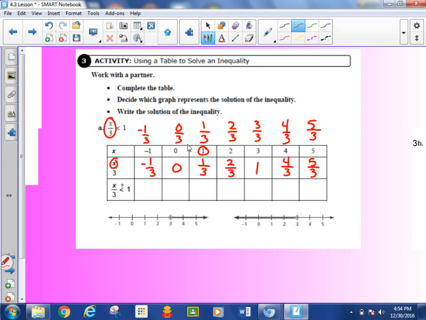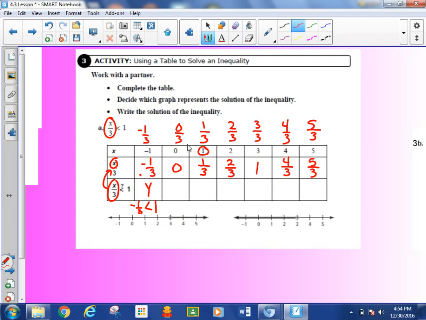Okay, so now we're going to substitute in what we had for this box here into this position, because that's what it was right there. So is -1/3 less than +1? That would be a yes statement, so I'm just going to put a Y for that.